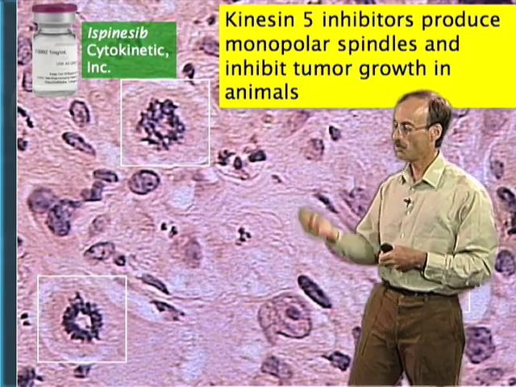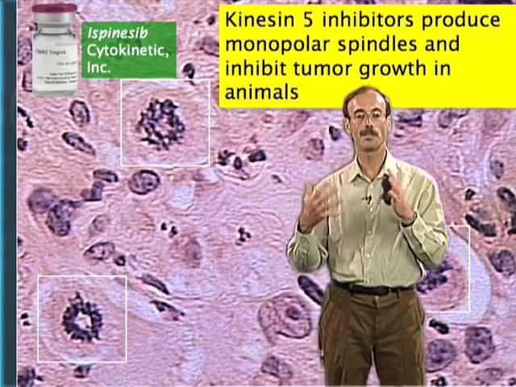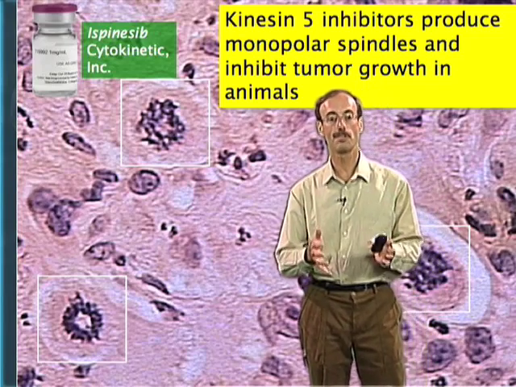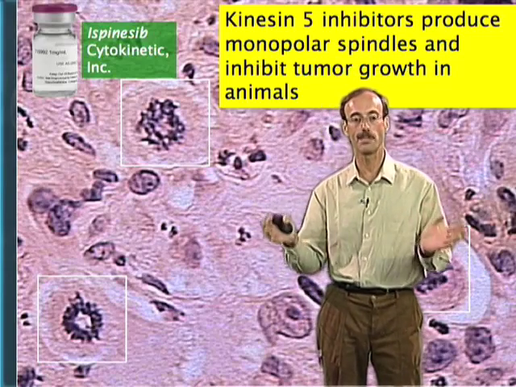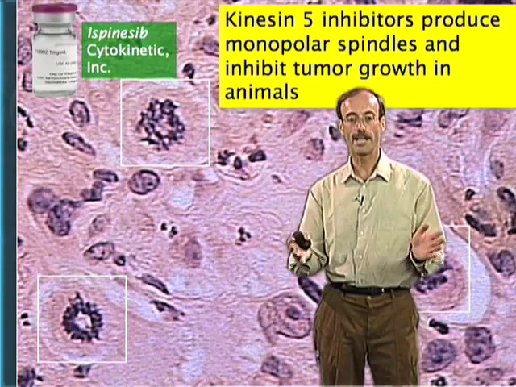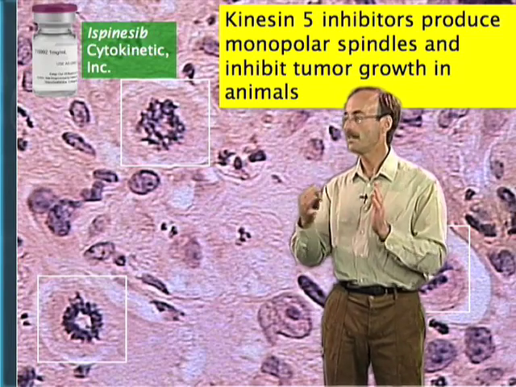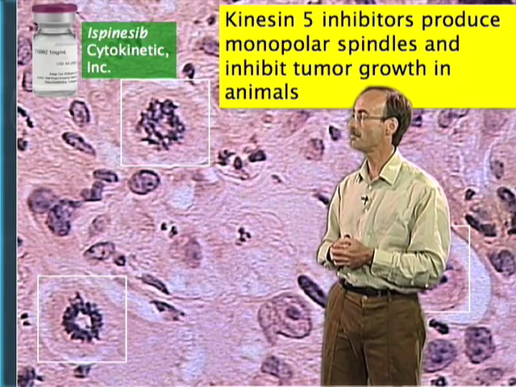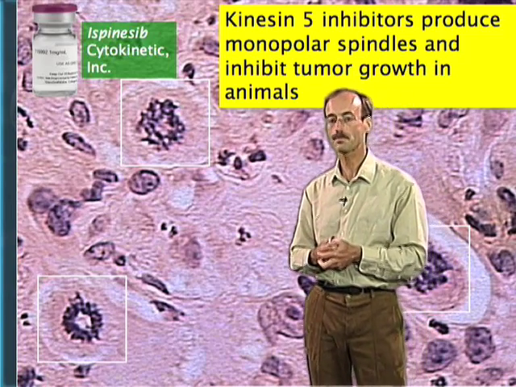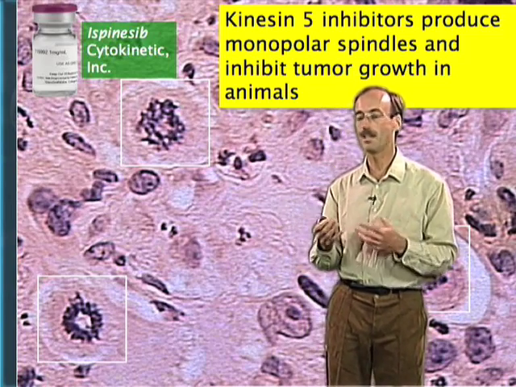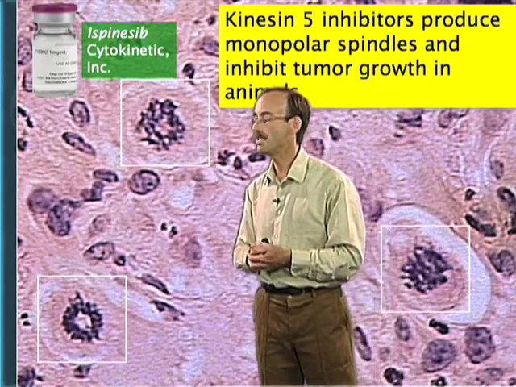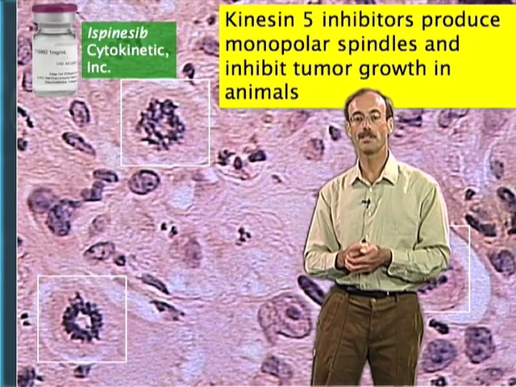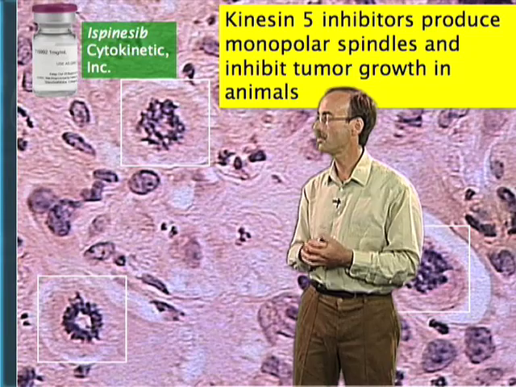And indeed, through in vitro assays, developing small molecule inhibitors against this motor using biochemical tools and high throughput assays, refining these small molecules, then testing them in animal tumor models, they developed an inhibitor which has been called ispinesib, which is now in clinical trials in humans.